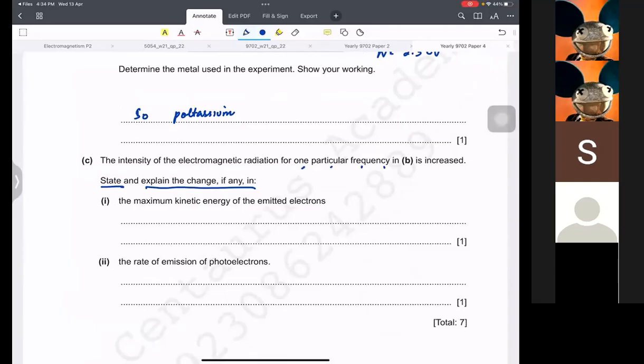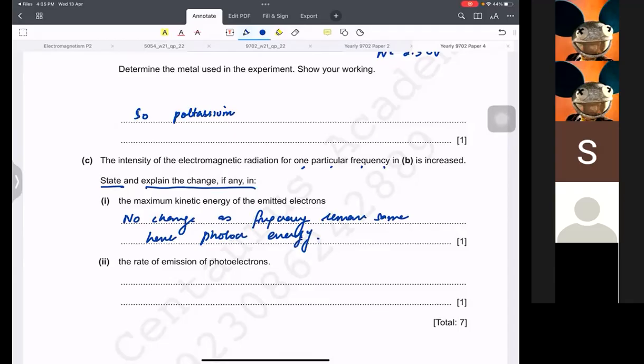Intensity means more photons will come per unit time. So I would write no change, as frequency remains the same, hence photon energy. Photon energy is not dependent on intensity, by the way.